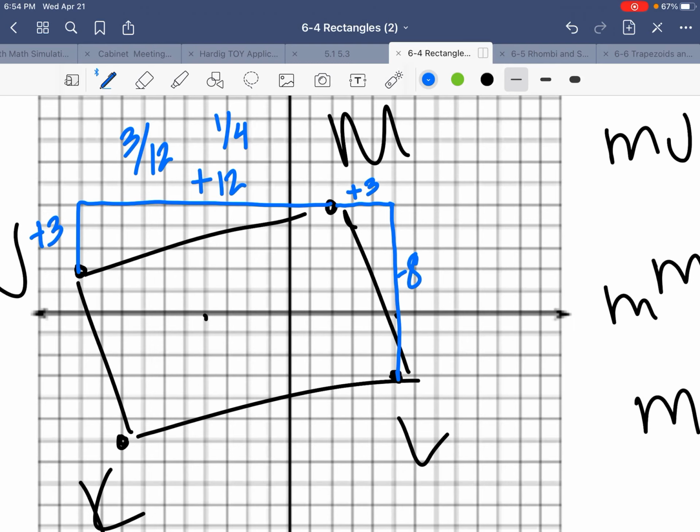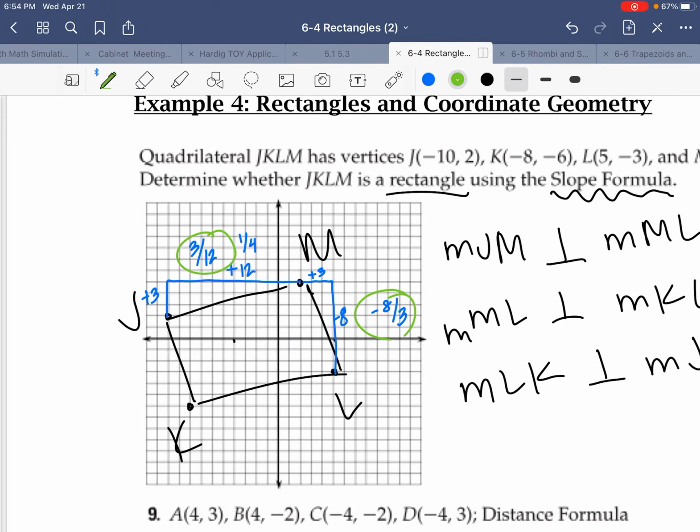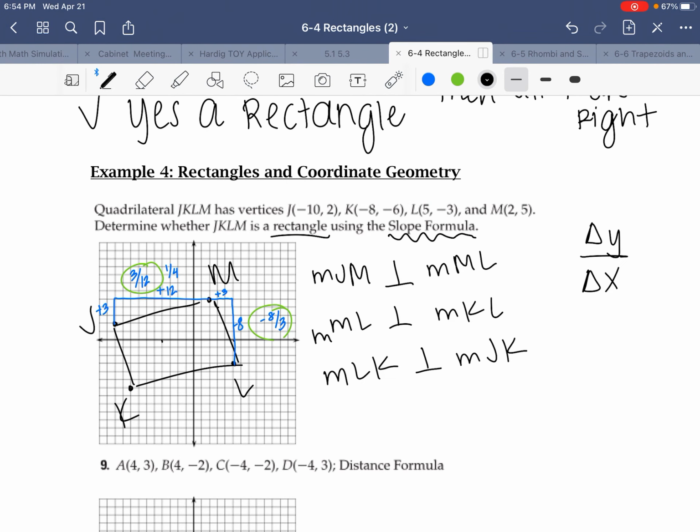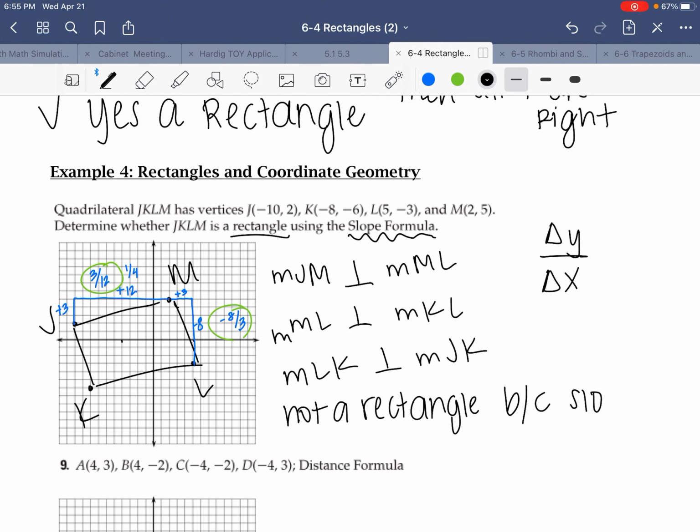So the slope of ML is going to be -8 over 3, which I can already see that these are not perpendicular slopes. So this is not going to be a rectangle. So we can zoom back out and we can justify our answer saying not a rectangle because our slopes are not perpendicular.